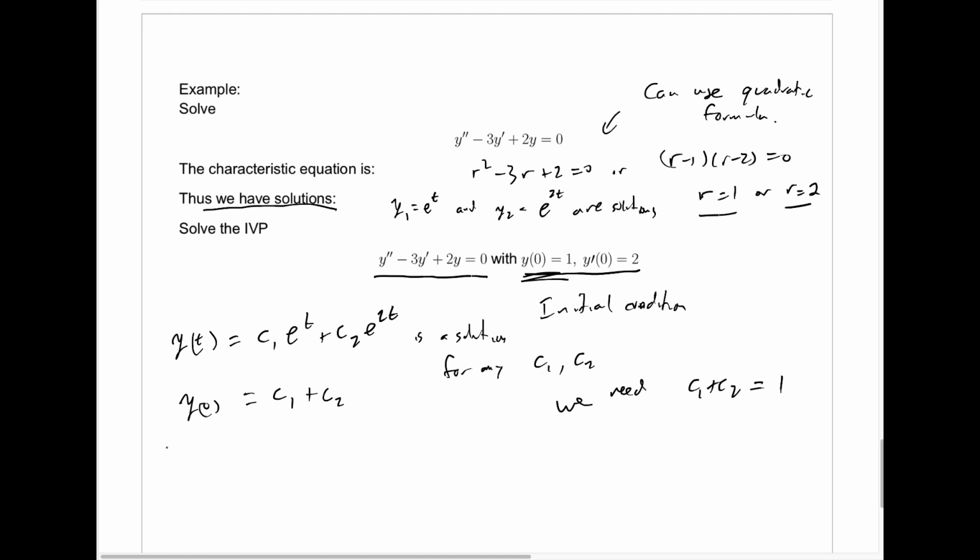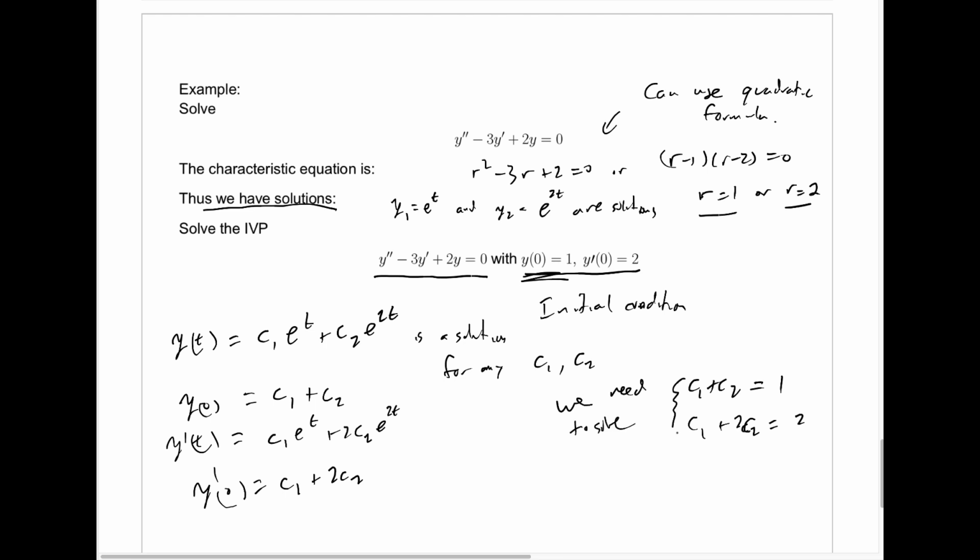And then if I compute y prime of t, that's c1 e to the t plus 2c2 e to the 2t, so that y prime of 0 is now c1 plus 2c2, and I need y prime of 0 to be 2, so I need c1 plus 2c2 equals 2.